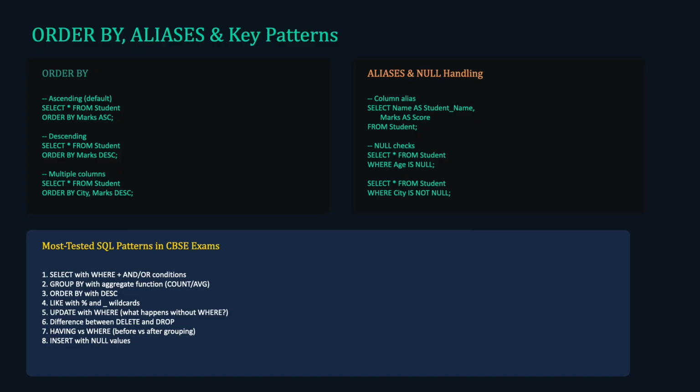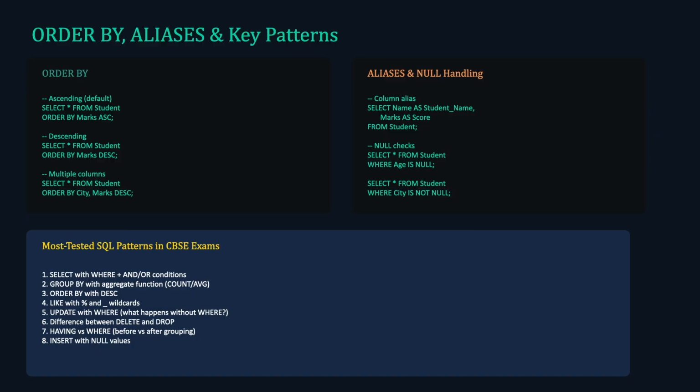Order by sorts results. ASC for ascending, which is the default. DESC for descending. You can sort by multiple columns. Aliases with AS rename columns in output. Select name as student_name. Null checks use is null or is not null.